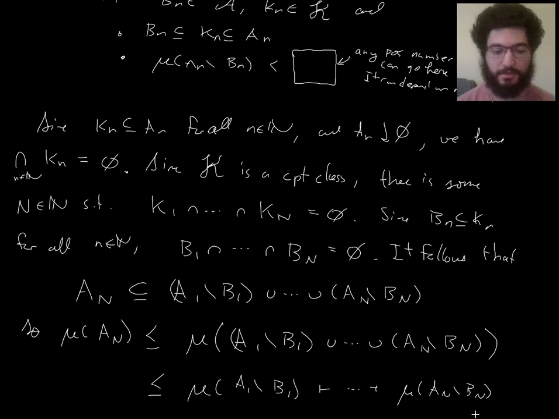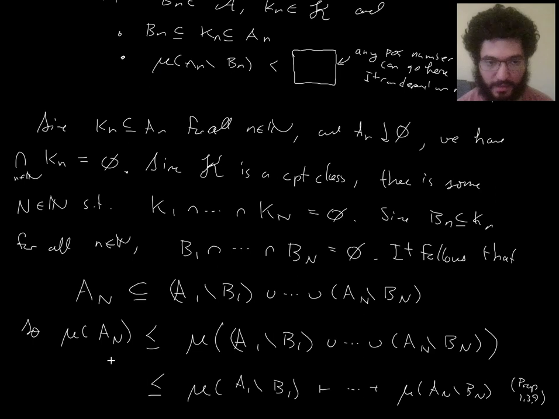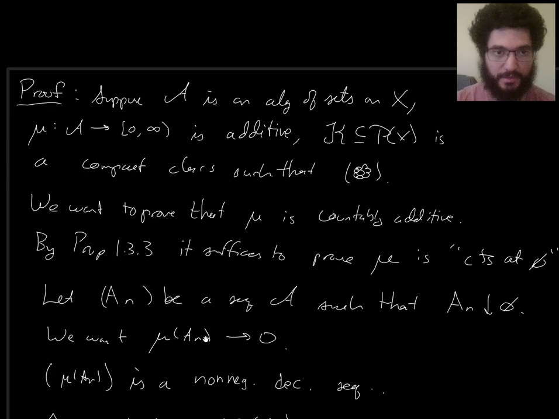So what I'm referring to here by subadditive is proposition 139. That told us about specifically the situation with a non-negative additive function on an algebra of sets, that it's also finitely subadditive. So again, that's a point where it uses the non-negativity of mu, non-negative and additive.